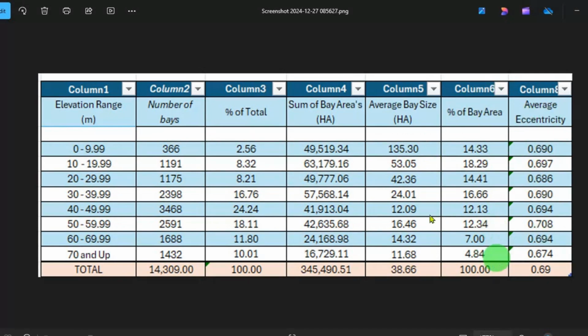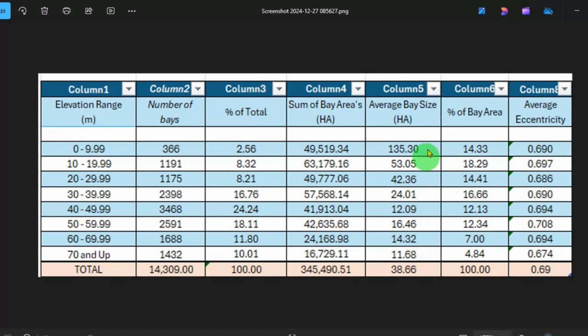We'll talk about these last two last, but if you take a look, the one thing that's really interesting about this is the average bay size by elevation. The average bay size goes from, at the 70 meters and up, about 11.68 hectares.